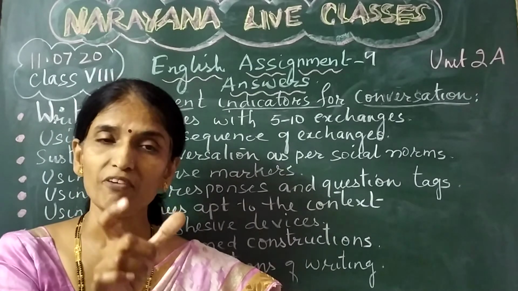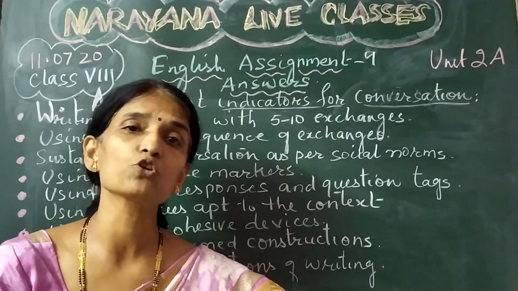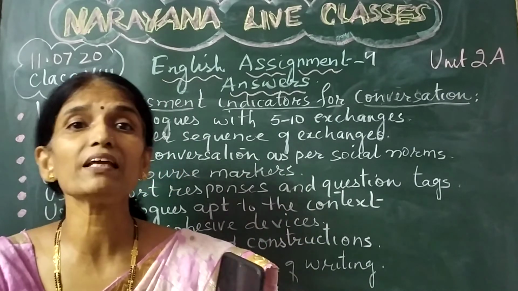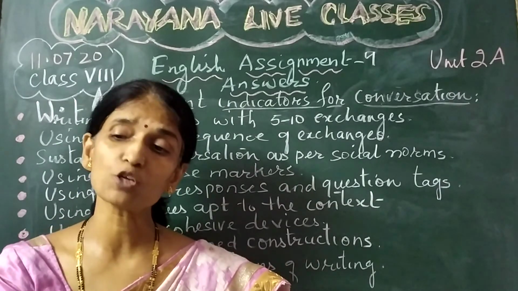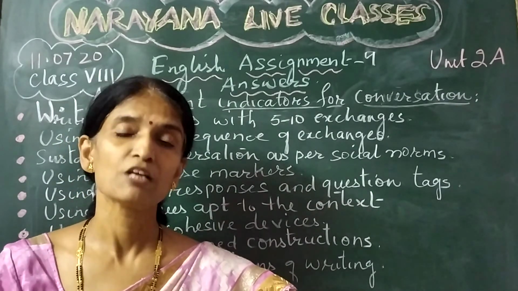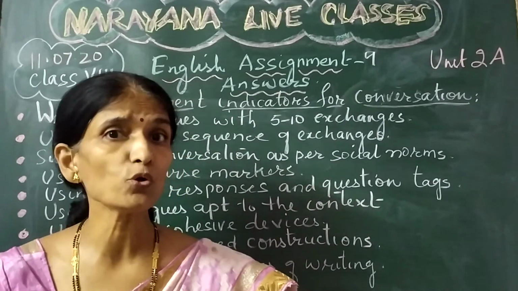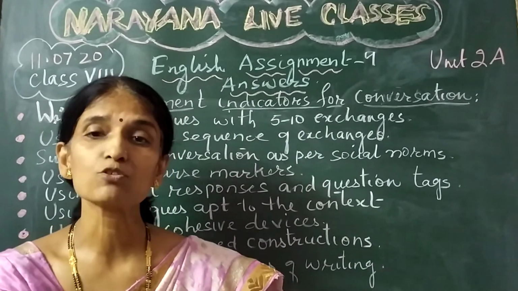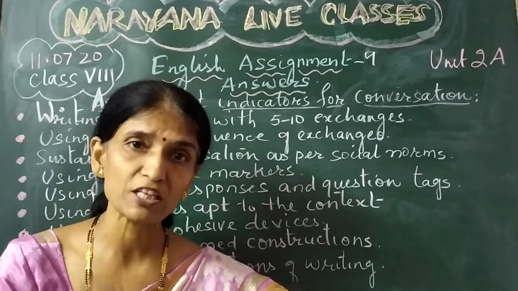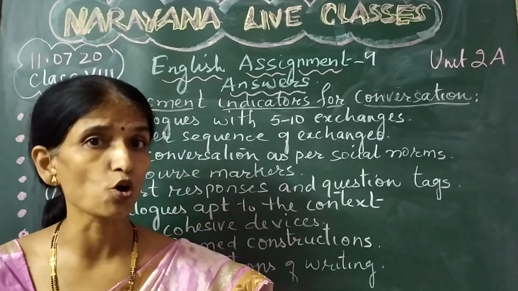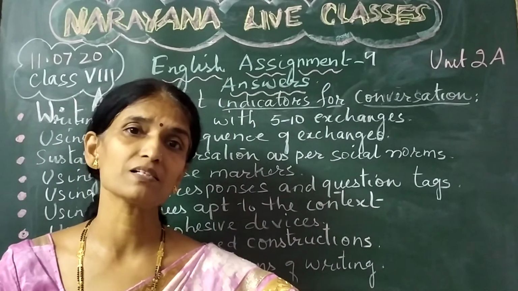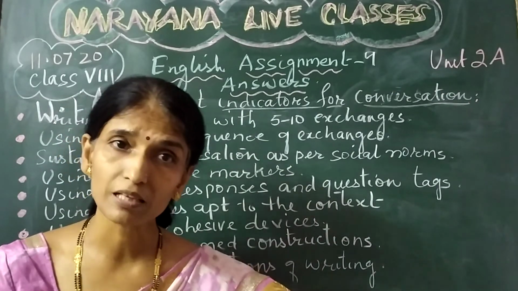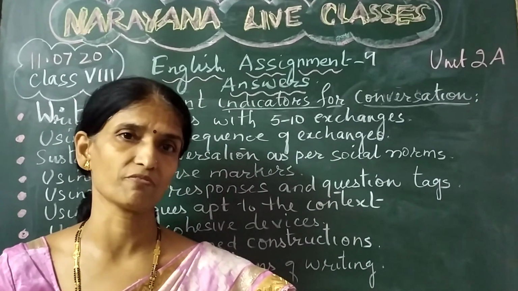Or if I utter the sentence and then in the end use the addressal, I should put a comma before I address. Like, Oliver, do you know you are an orphan? Oliver is an addressal here, so a comma should be put. Then proper question marks, exclamation marks, full stops and commas are all to be used appropriately in our discourse, which is called conventions of writing.